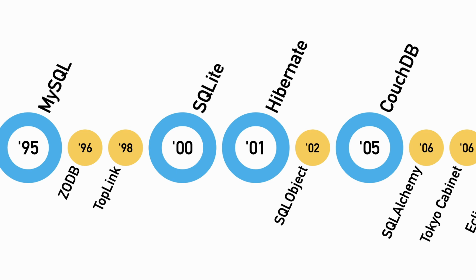By that time, it became clear that there's an impedance mismatch between SQL data stores and object-oriented programming languages. This was especially true for statically typed languages like Java, but Python has seen some difficulties as well, and SQLAlchemy is, to this day, the most advanced ORM in the entire industry.